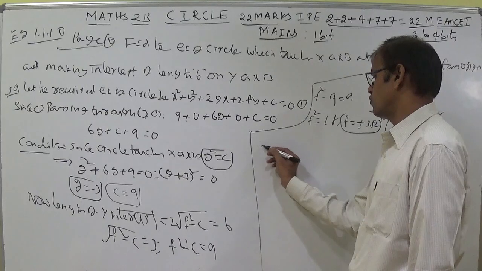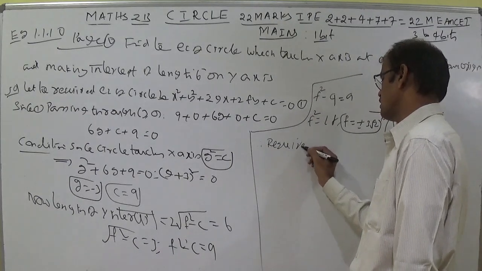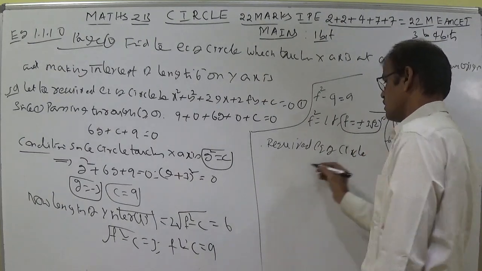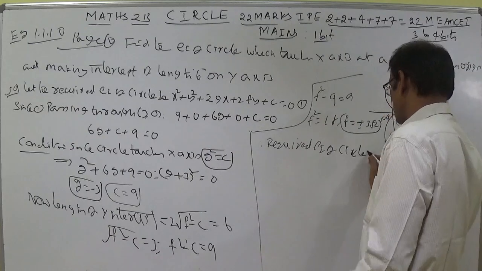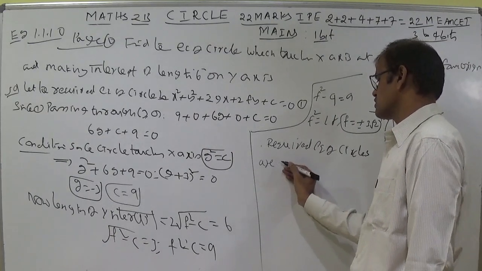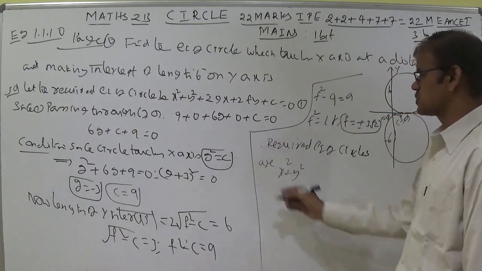Now I am writing the required equations of circles, because we have a chance of 2 circles. The general notation is x square plus y square plus 2gx plus 2fy plus c equal to 0.